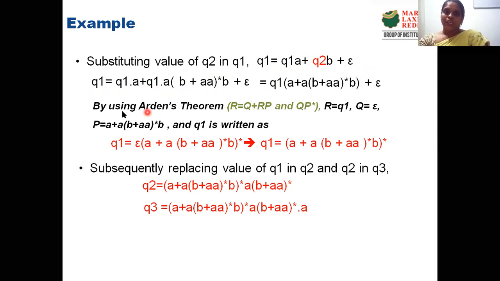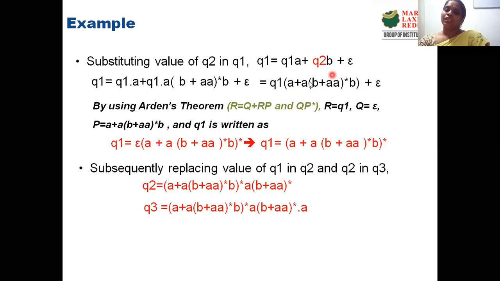So now simplifying this, q1 into (a plus a into (b plus aa) whole star into b) plus epsilon. Again making use of Arden's theorem here, let R = Q + RP, where Q is epsilon and R is q1, and P is a plus a into (b plus aa) whole star into b.